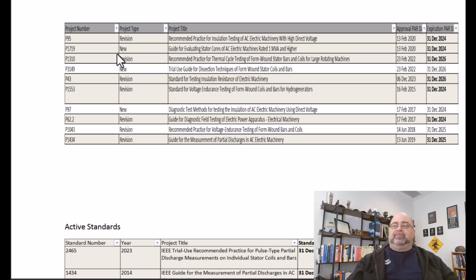The next one, where it says new, so revision means this is one that existed that we're revising. P1719, which is new, is a guide for evaluating stator cores of AC electric machines rated 1 MVA and larger. So good-sized machines, basically.